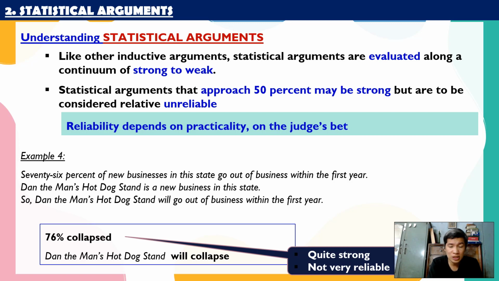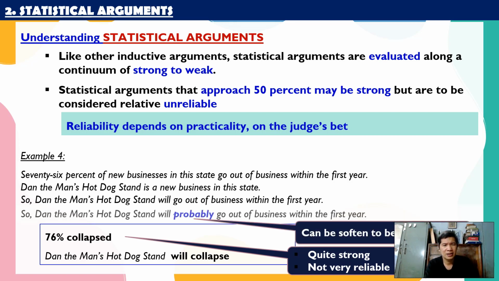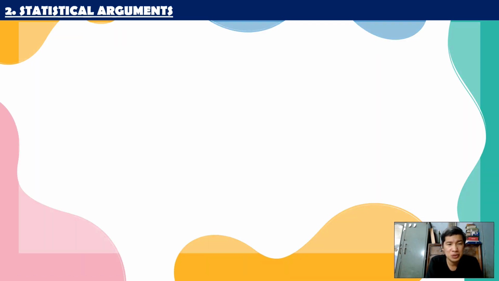Because in research, we need to have concrete evidence in order to come to the conclusion. In this case, you can see we can soften the argument to make it a little bit stronger by using the word "probably". Remember these words for your conclusion for your project, and even for the conclusion for your thesis in the future.